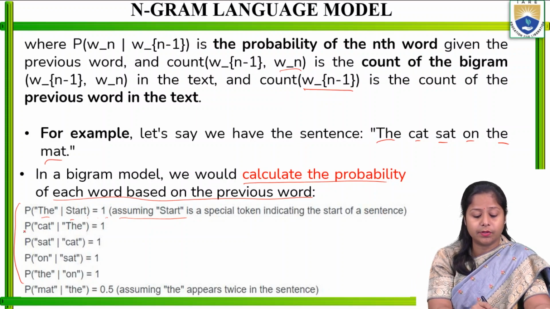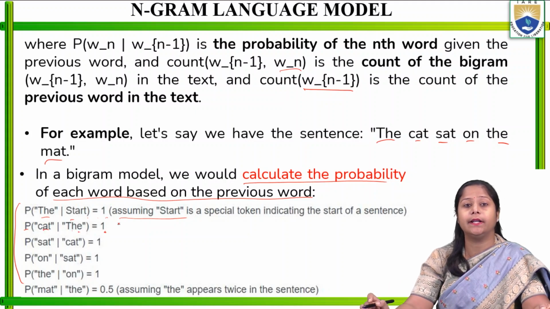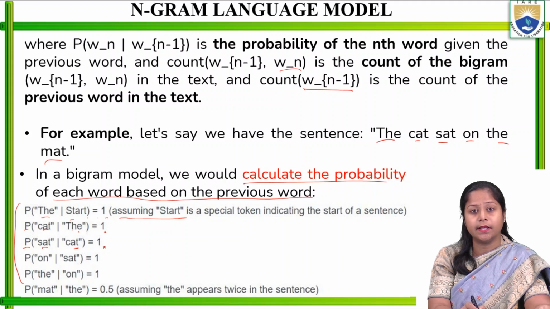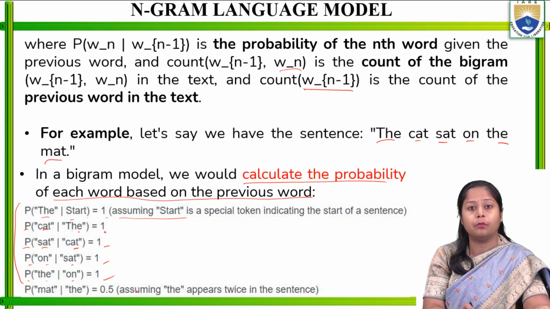Then the probability of cat given the is 1, because it has occurred only one time. Again, the probability of sat given cat is 1, the probability of on given sat is 1, the probability of the given on is 1, and the probability of mat given the is 0.5.